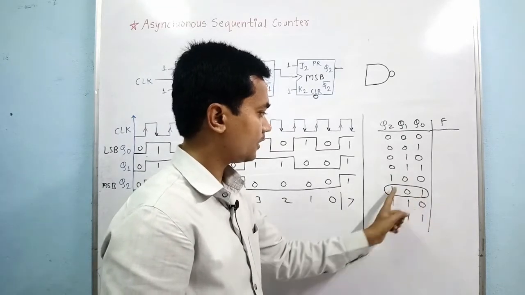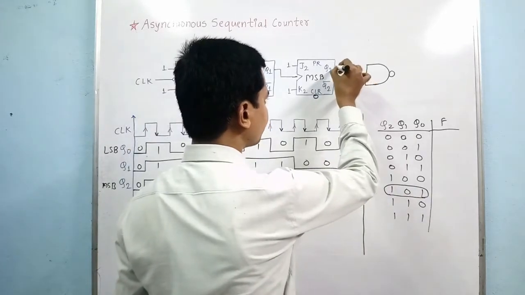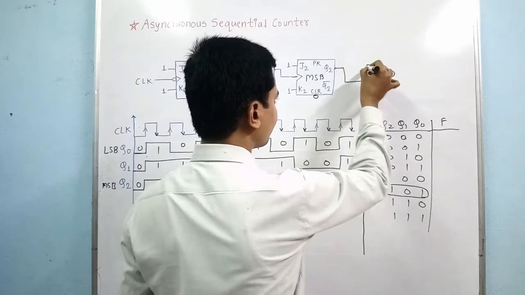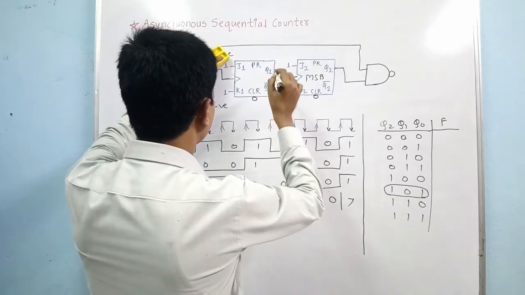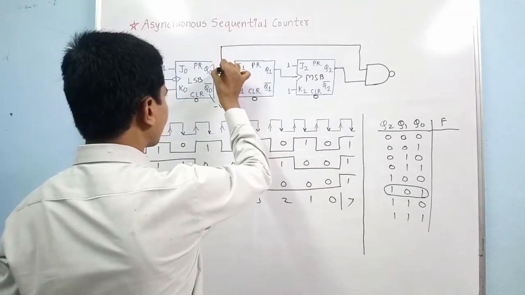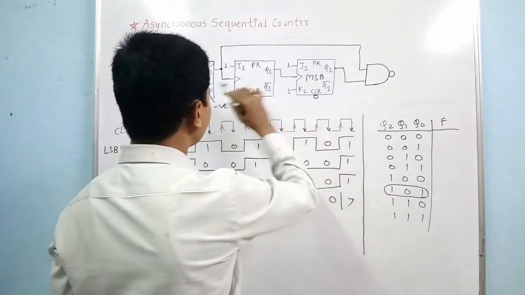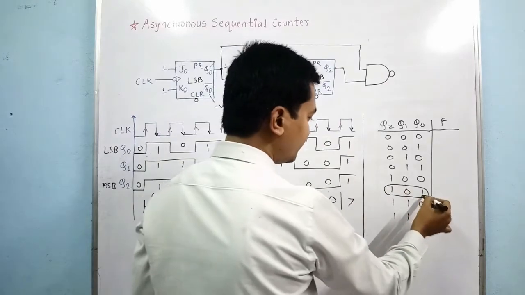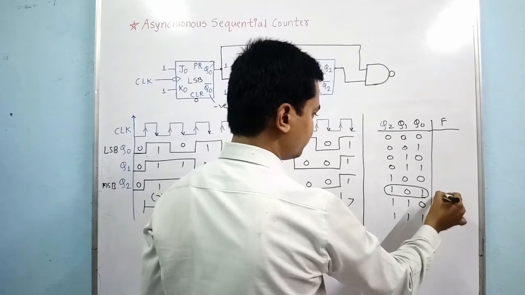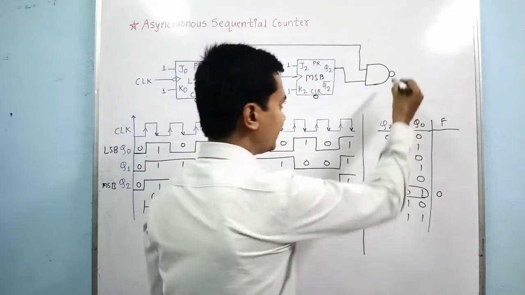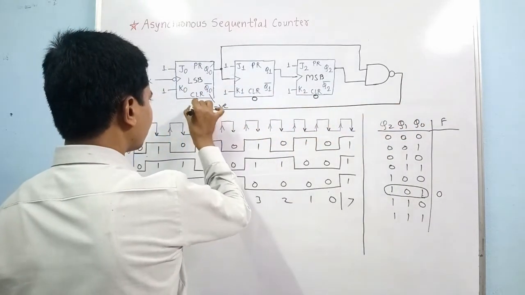Q2 and Q0 have logic ones, so here we will connect Q2 and Q0. When Q2 and Q0 become 1 1, that time the NAND gate output will become 0. Is it right? And this 0 should be applied to the clear pins of all the flip-flops.